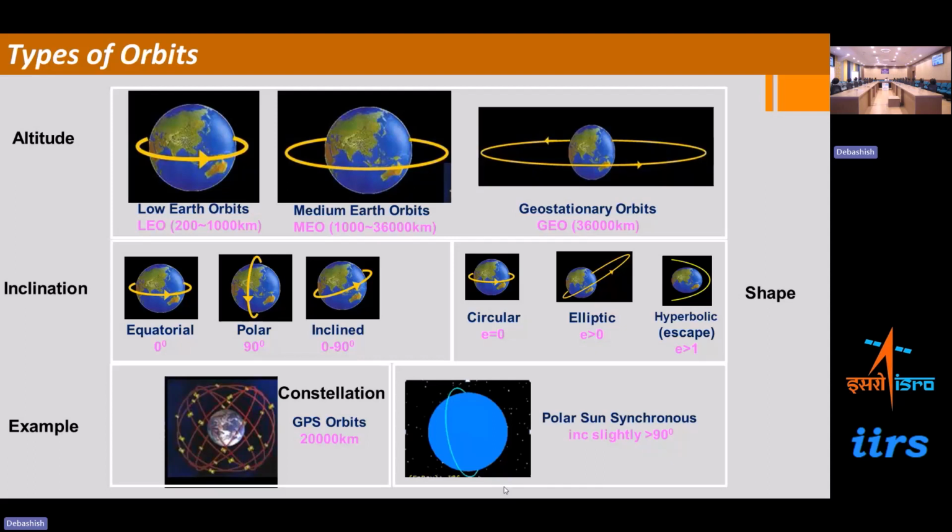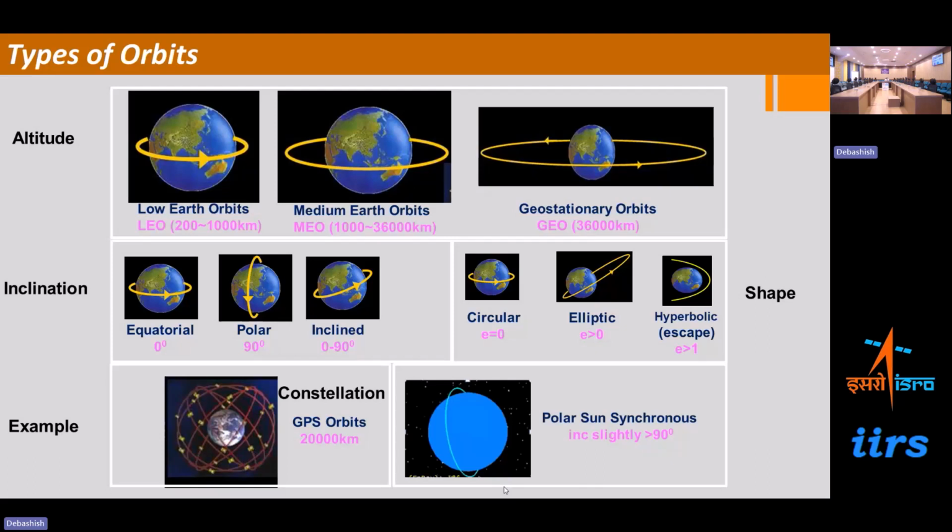Just to give a few examples of these orbits, take the very popular GPS constellation, which is around 20,000 kilometer. It has 6 inclined orbital planes and a total of 24 satellites, which makes the GPS constellation. Similarly, we have another orbit called the polar sun synchronous orbit.